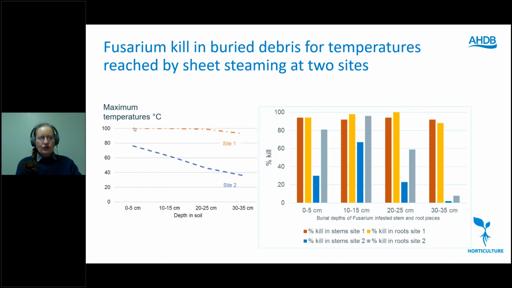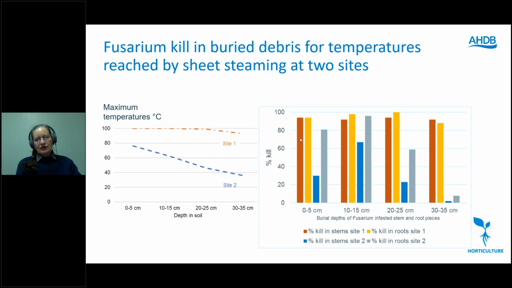So here I've taken out those maximum temperatures from the steam boilers, not the steam plough, just the steam sheeting. We've got site 1, which is the good site, and site 2, which is the poor site. You can see that in the depth, site 2 didn't make even 60. We just got about 60 at 10 to 15.